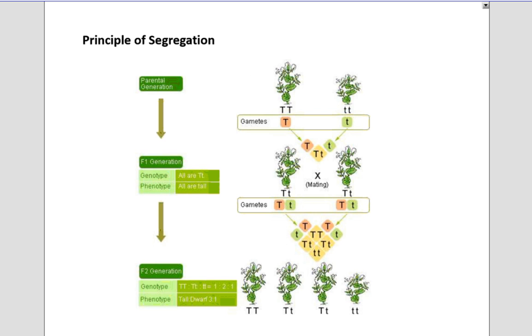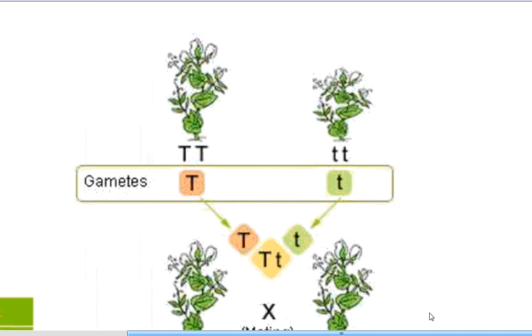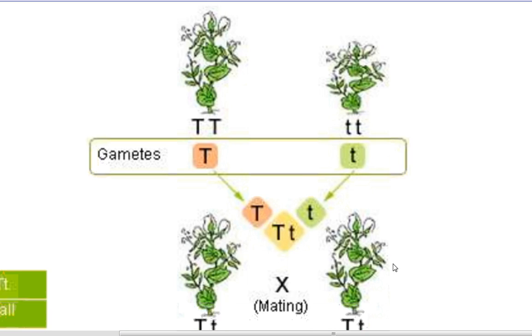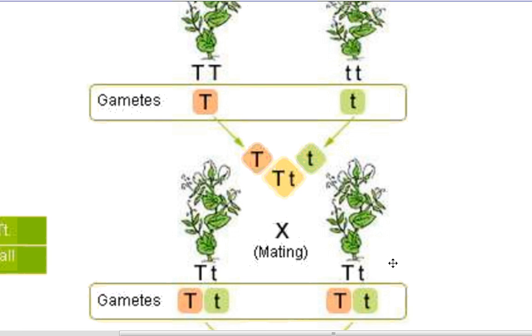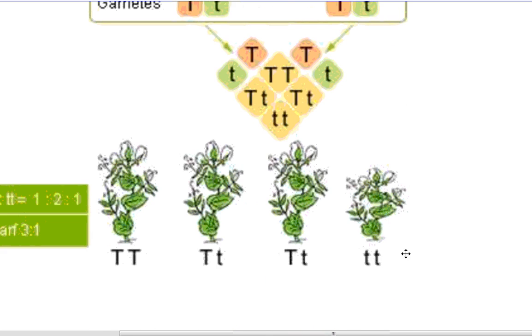Here's another example of this. True breeding tall plants with true breeding short plants, homozygous dominant tall, homozygous recessive short, mix them together. Of course, you get 100% tall. However, each one of those tall plants has the recessive allele. And so when you mix them together, what happens? Part of the time, those two recessive alleles are going to combine.